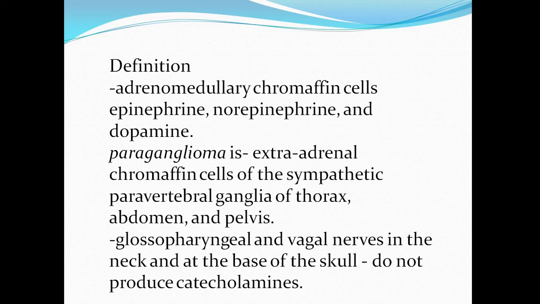It could be from the thorax, abdomen and pelvis, from the paravertebral ganglia. And some of them do not secrete catecholamines. That is basically mainly in the neck and at the base of the skull. They don't produce the catecholamines.